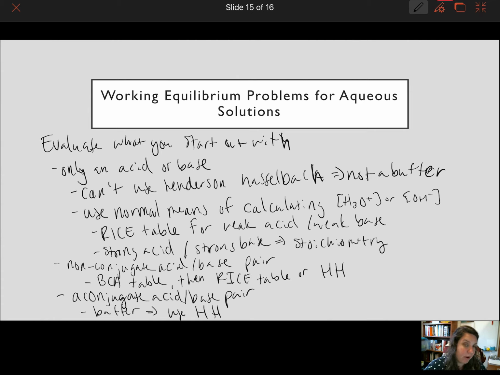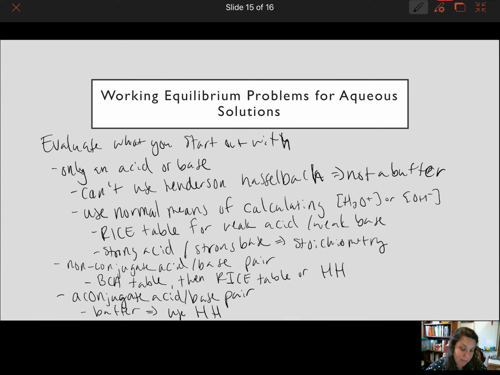So, just as a note, you're going to see a couple ways of working with aqueous solutions. Sometimes you'll just have one acid or base, and you'll just use normal means. Sometimes you'll be given an acid and a base together. You need to figure out what you have left over after they react, and then if you have weak acid left over, you can use a Rice table. If you have a strong acid or base, you're going to use normal means.